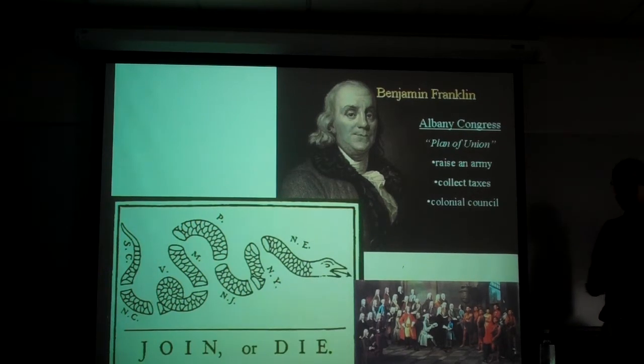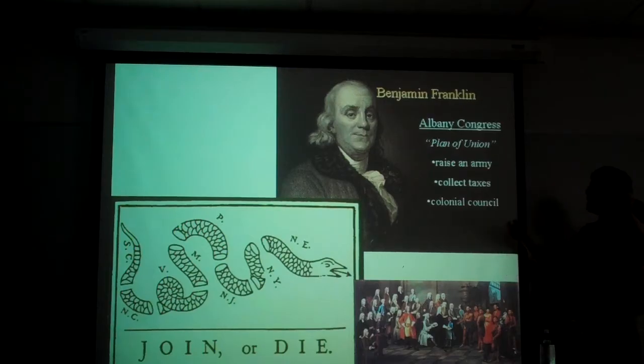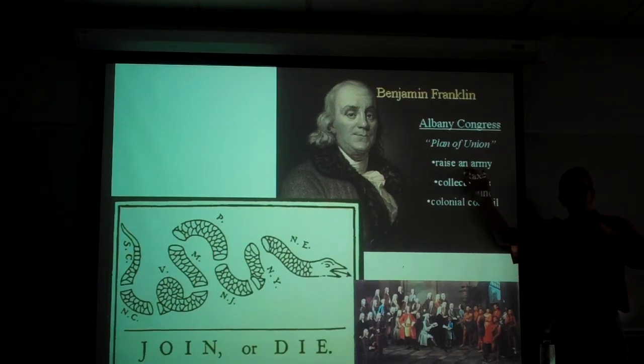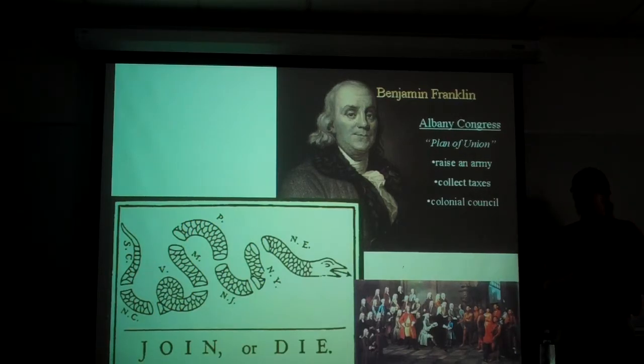His idea was what he called a colonial council, a new government that would have representation from each of the 13 colonies. And this new government that he's proposing, this colonial council, would then have the power to raise an army, consisting of men from all the colonies. And they would also have the power to collect taxes from all the colonies.